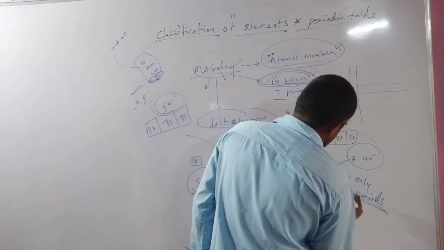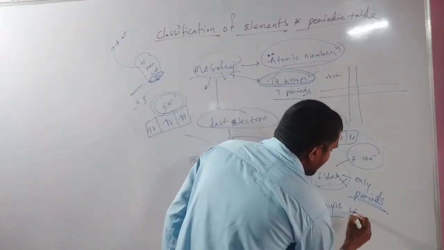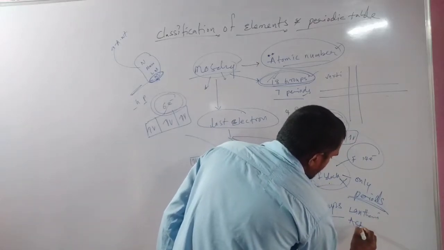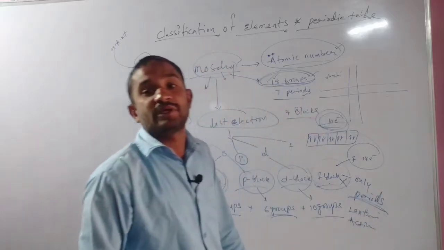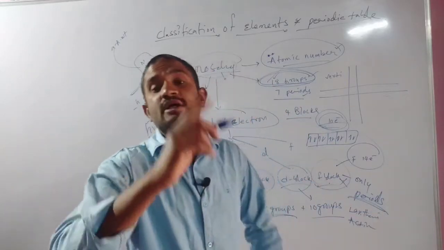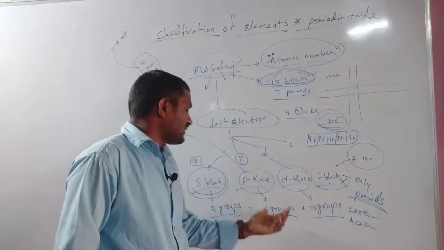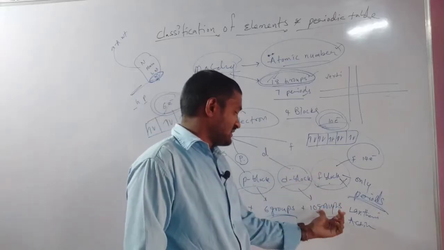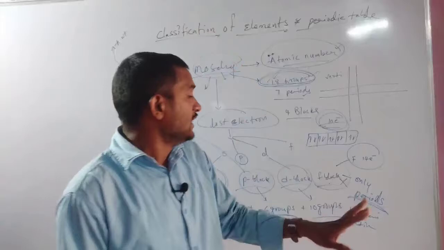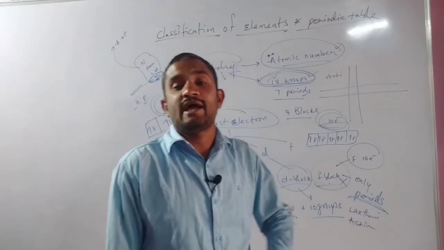One period is the lanthanoid period, and one is the actinoid period. Try to remember: S block 2 groups, P block 6 groups, D block 10 groups, F block no groups, only 2 periods, one lanthanoid and one actinoid.